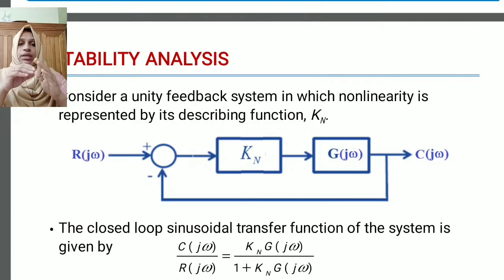So the nonlinear part we have represented using the describing function Kn. So the overall closed loop sinusoidal transfer function of the system is C(jω)/R(jω) = Kn G(jω) / (1 + Kn G(jω)).